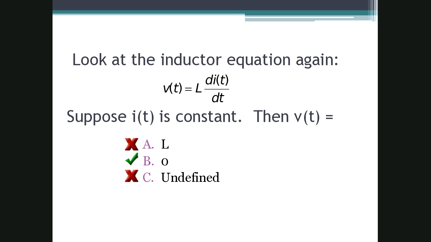If you need me to re-say this, the top part, if we don't have any change, we know the change is equal to 0. So any fraction where you have the numerator equal to 0, you know that whole variable goes to 0. So di of t over dt goes to 0, and there is no change. And so calculus isn't that much different from algebra.